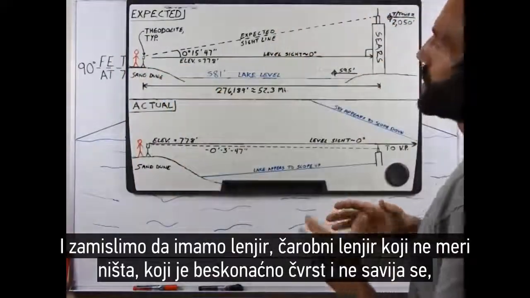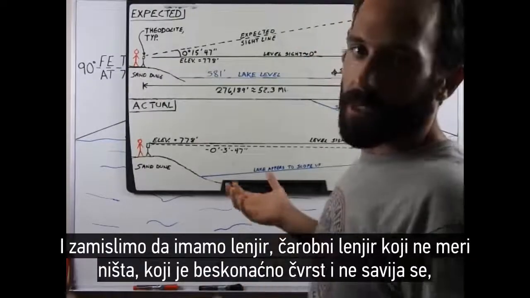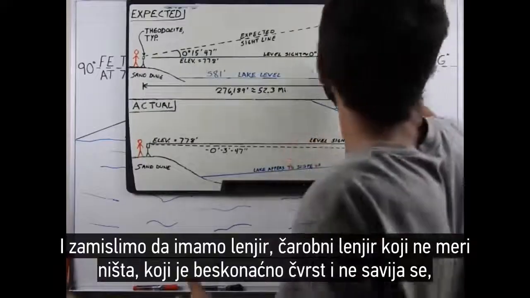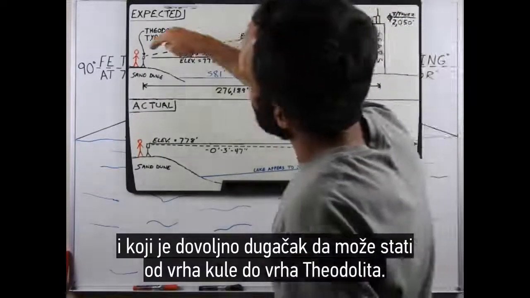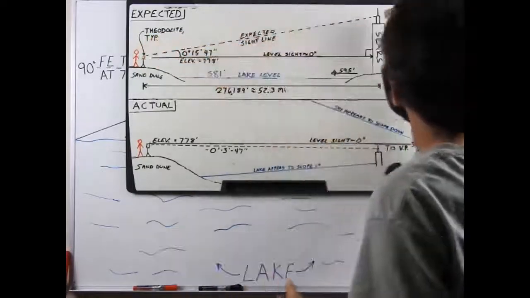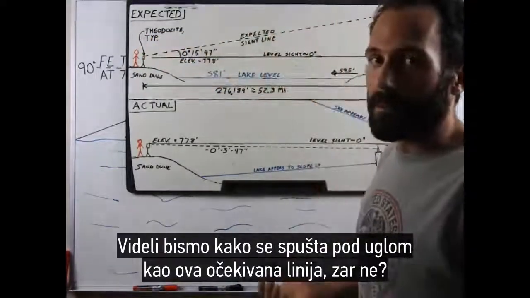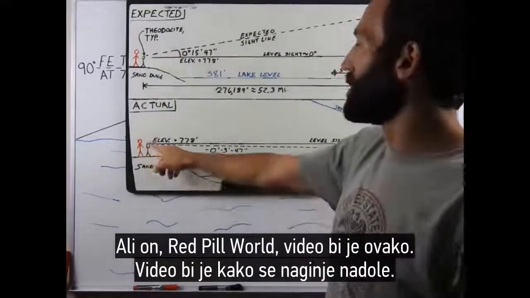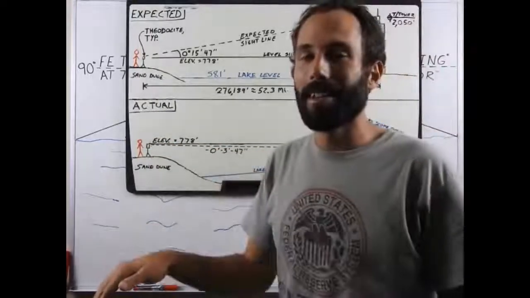And let's say, imagine we had a ruler, a magic ruler that doesn't weigh anything and is infinitely rigid so it doesn't deflect at all, and it was long enough to sit on the top of the tower and right on top of his theodolite. We would see it angling down just like this expected sight line, wouldn't we? But Red Pill World would see it like this. He would see it sloping down.